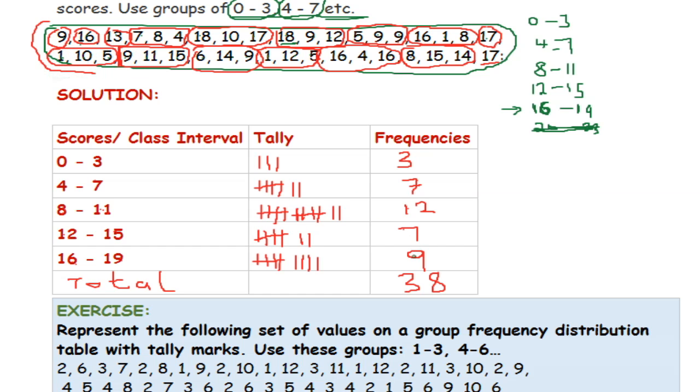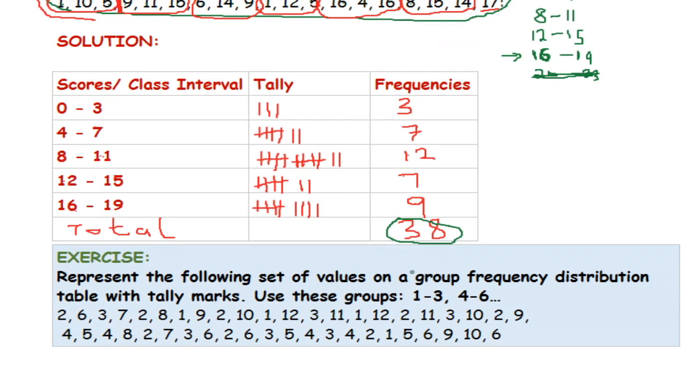So this means we are correct. If perchance there is a mistake, the total you have gotten here is not the same as the number of values in the group of data given to you. You need to try and redo it to get the correct answer.